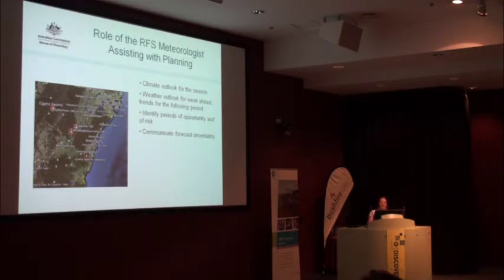They help to identify periods of time, maybe a couple of days, maybe a couple of hours, that might be more risky or might present more opportunities for fire hazard reduction burning. And again, it's important in communicating the forecast uncertainty. As well as running a few briefings, they put together weekly fire notes on the outlook for the week as well.